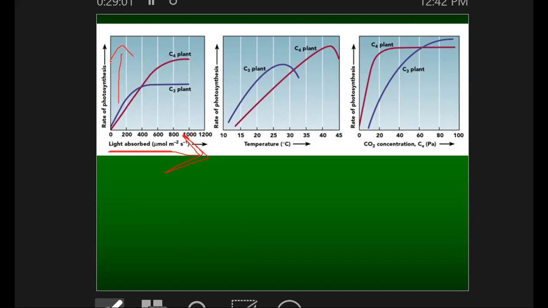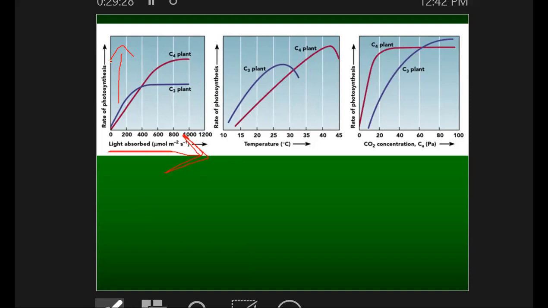At higher light intensity, you can see that the C3 plants plateau, they level off. Once they reach 400, they start to plateau. However, C4 plants keep going. You give them more light, they do more photosynthesis.